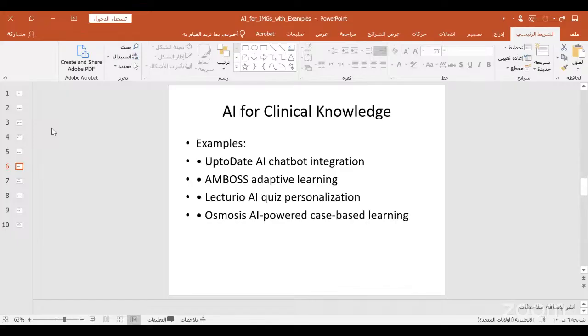Lecturio is basically considered a medical library. So if you are planning to take any exam in the near future and you want a quiz in specific areas or topics, you can use Lecturio for this personalization. Osmosis also has free videos, but they have a subscribed plan which is AI powered case-based learning.